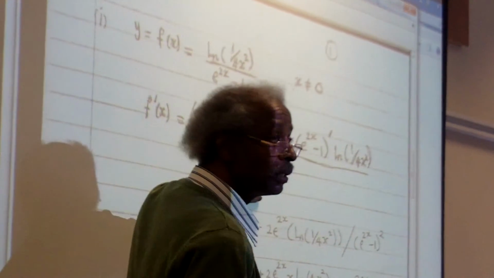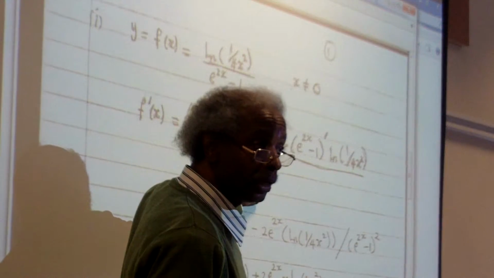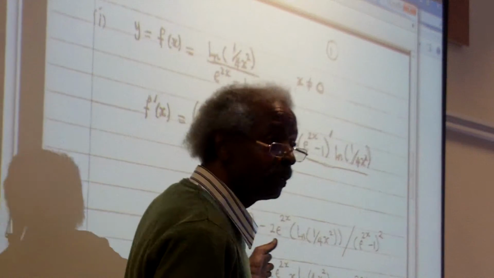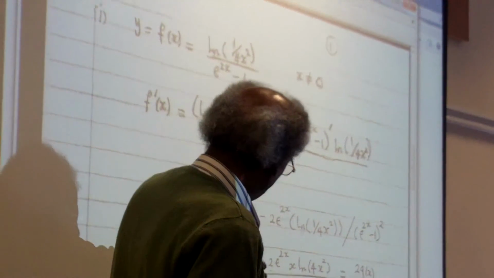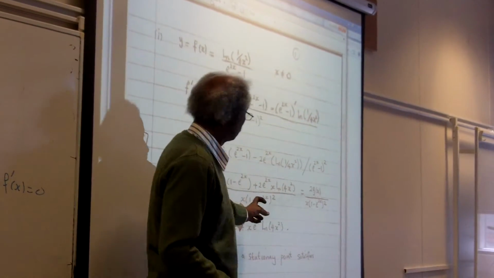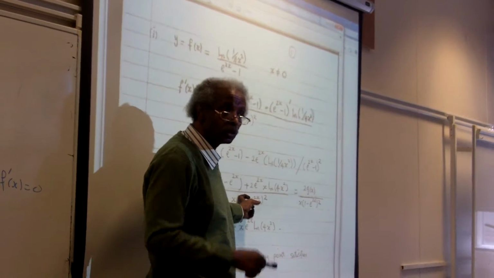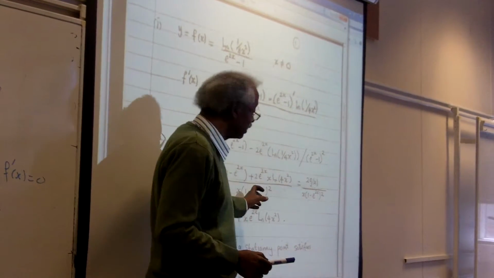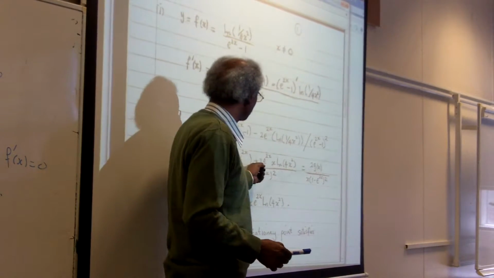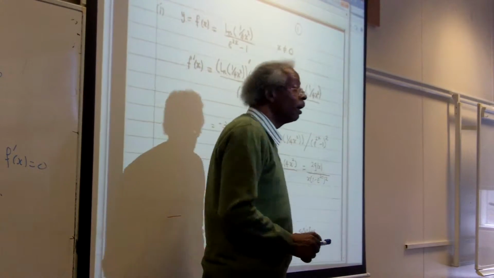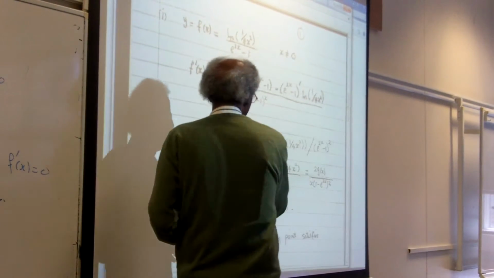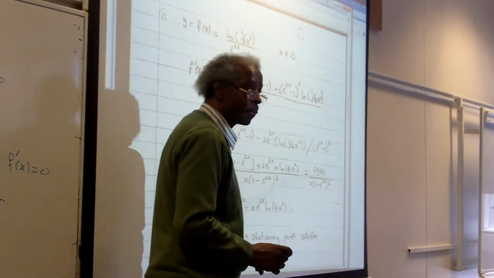Clearly, using the quotient rule here, as you can see. Use the quotient rule correctly, and then continue to simplify until you get to this point here, and then what you are going to get is 2(1 - e^(2x) + 2e^(2x) x ln(4x)^2) divided by (x)^2.